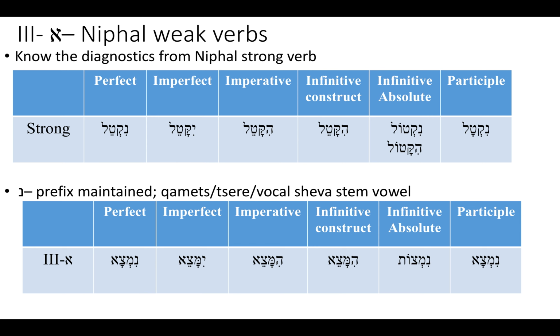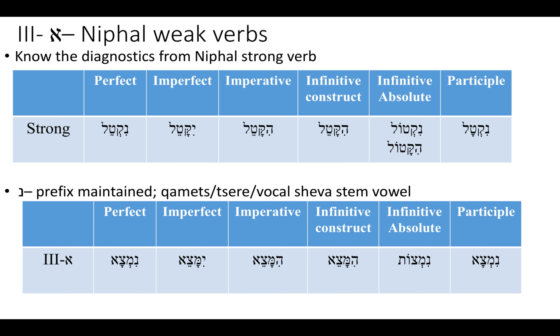So the third aleph Niphal weak verbs, having that aleph there at the end. If you remember from the beginning of last semester, we talked about the quiescence of an aleph. Having an aleph at the end impacts the vowels and the pronunciation, but doesn't essentially impact the consonants or the main form of the verb.